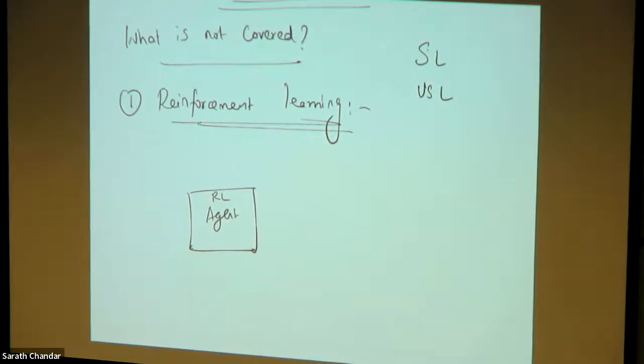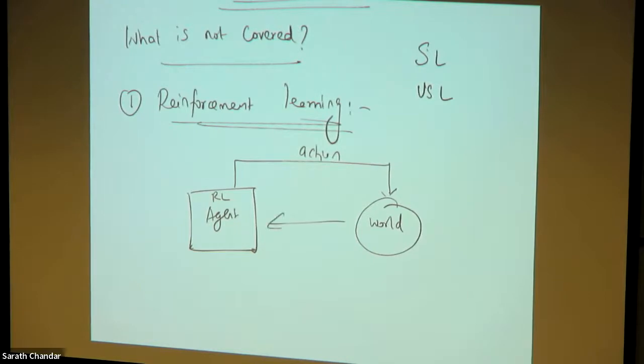So the whole idea here is you're going to interact while you're learning or acting. At every time step, the agent is going to take some action. Now this action is fed to the environment or the world. Based on your action, you're going to get some reward.